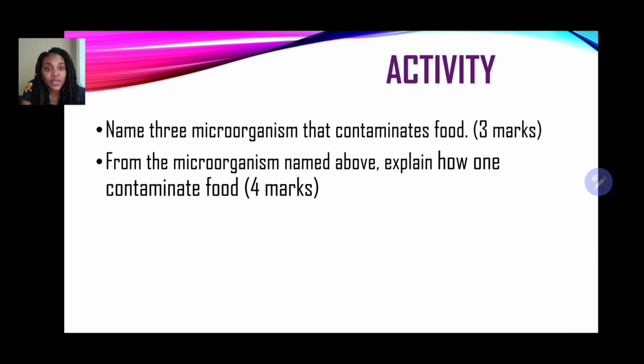But don't list the different types of bacteria when it asks you to list 3 microorganisms; list the different categories. So we speak of mold, yeast, and bacteria. Good. From the microorganisms named above, explain how one contaminates food. So if you list bacteria, then you're going to explain how bacteria contaminate food. And we just looked at those extensively, so you should be able to answer these questions.